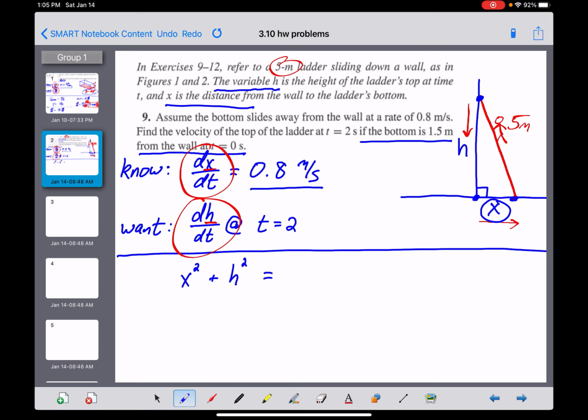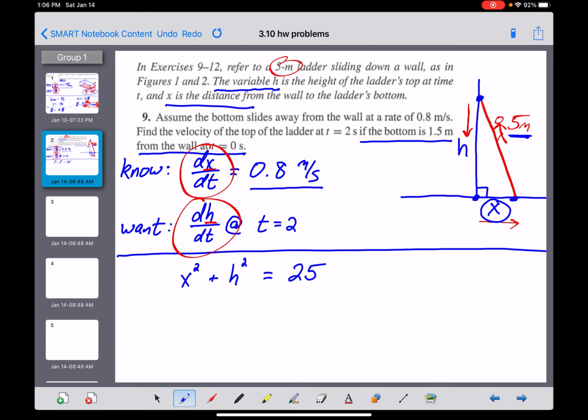Since that hypotenuse is constant, always 5 meters long during the entire problem, we can put a 5 in there and square it to make 25. The only reason I can put a 5 in for the hypotenuse and not a variable is that that quantity is fixed throughout this entire problem.